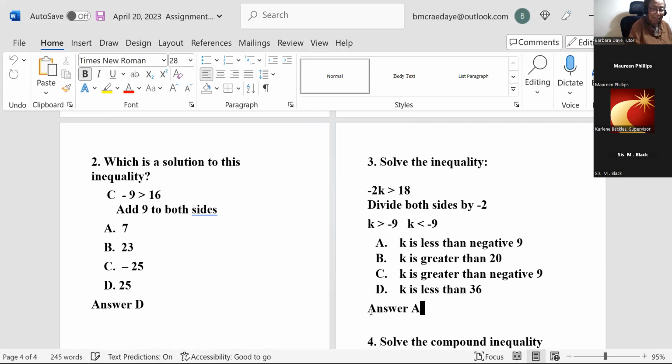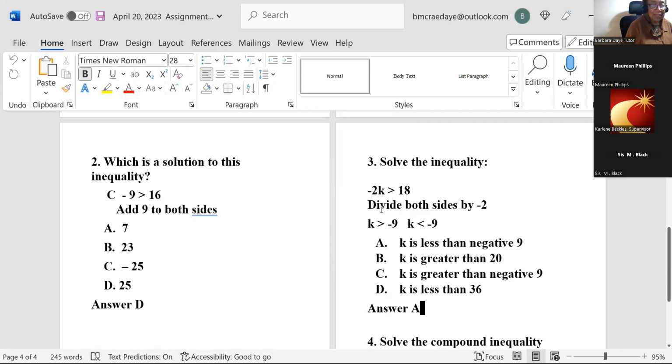Mercedes, you understand why the answer is A? When you divide by a negative, or multiply by a negative, you reverse the inequality. Multiply or divide by a negative, you reverse the inequality. We divided by -2, because the inverse of multiplication is division.